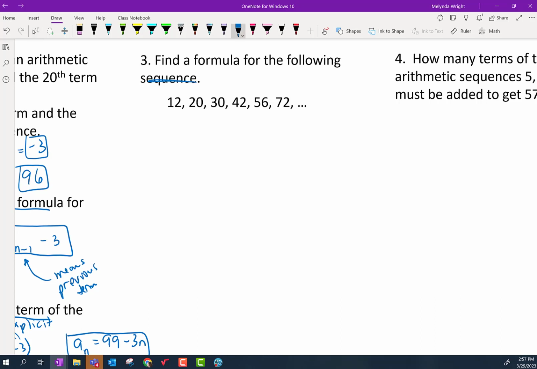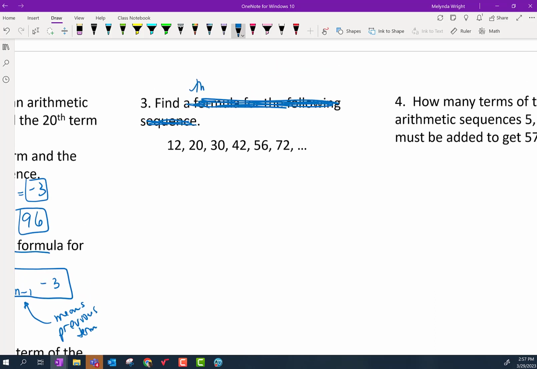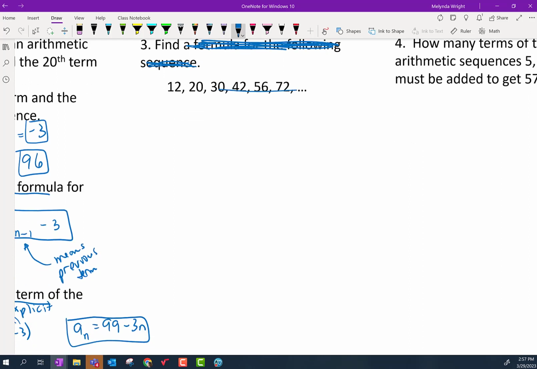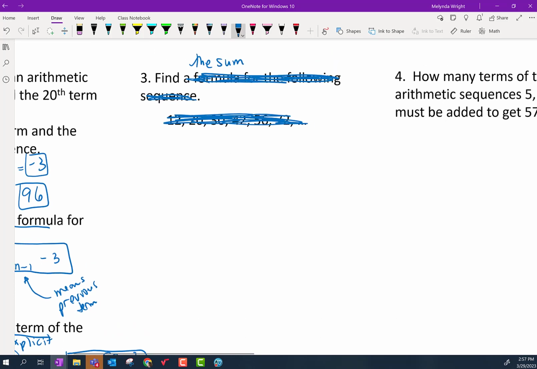Instead, I want you to cross this part out and say, find the sum. And I want you to cross these out. That one would have been so fun. That's one of those crazy quadratic ones. I know you wish I was doing that one, but I decided not to, and we'll do this one instead.